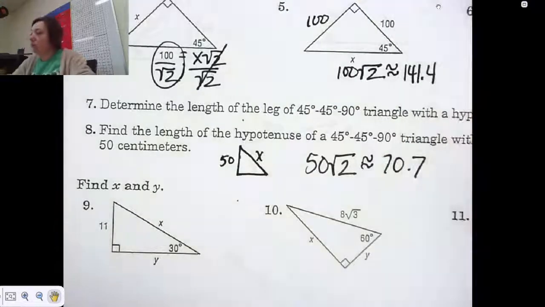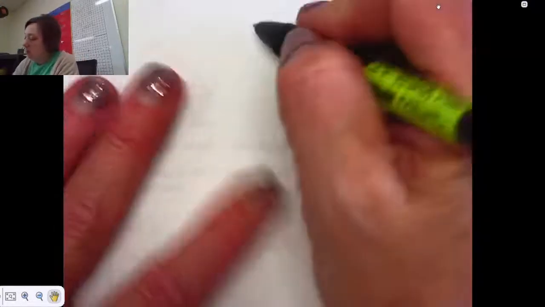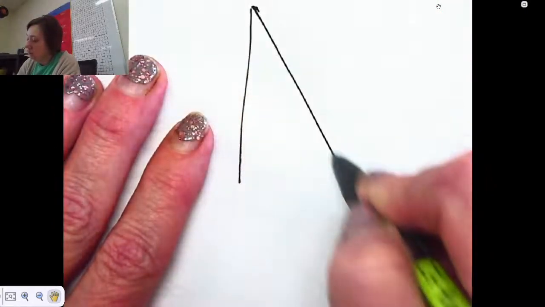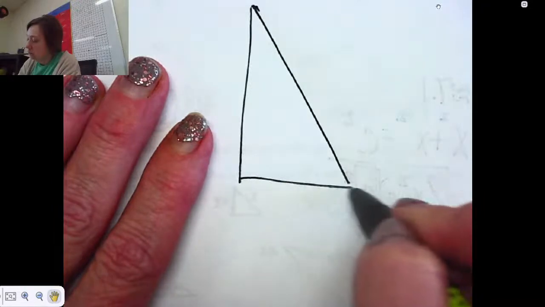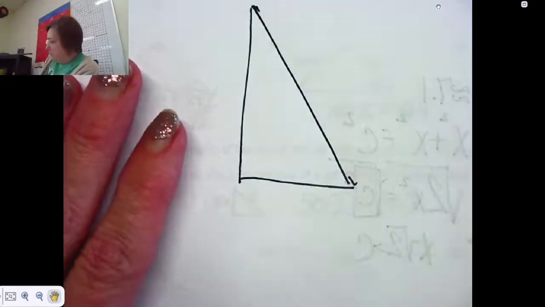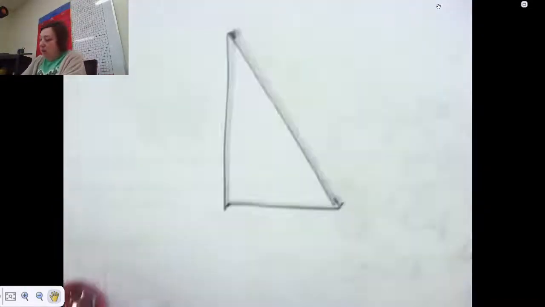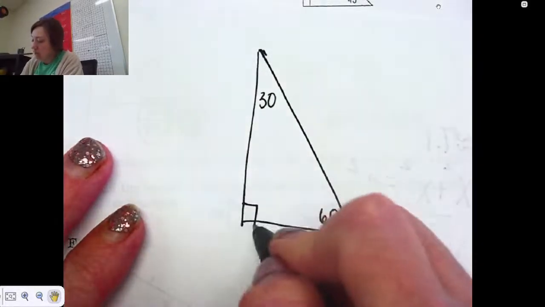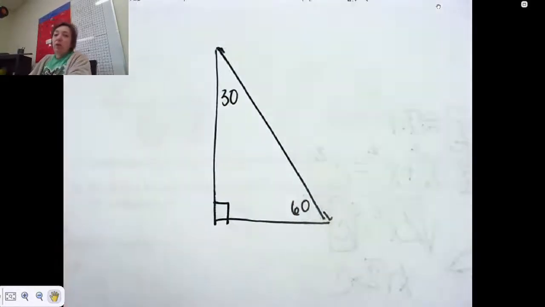Okay, now let's look at a 30, 60, 90. We're going to learn a new triangle. Okay, what is the shortest side on this triangle?